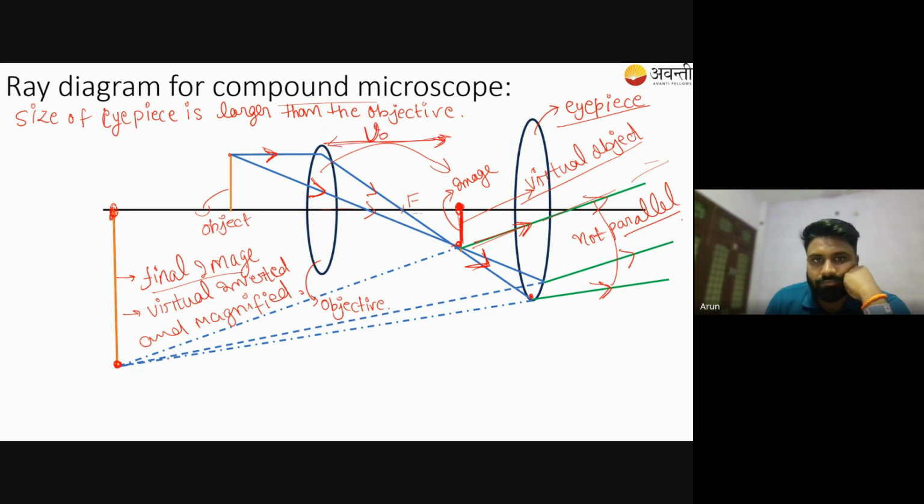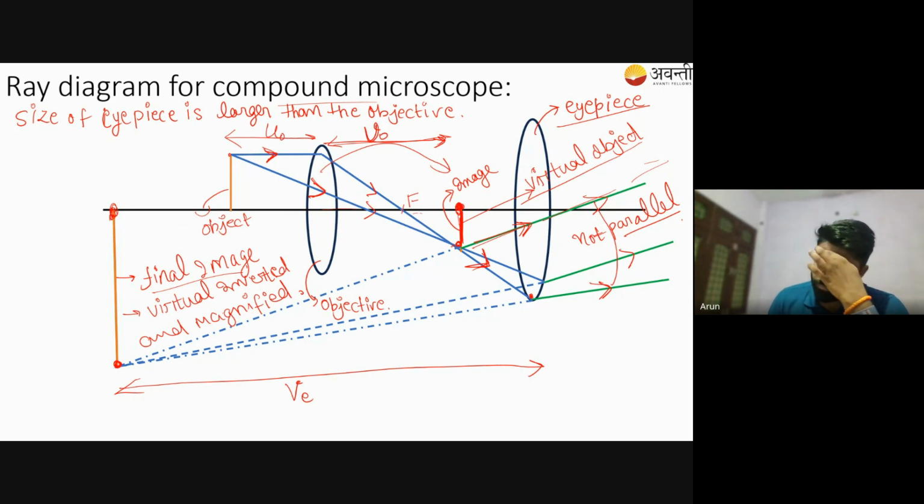Distance from the objective lens is VO. This is VE, distance of image from the eyepiece. This is nothing but UO. Got it.